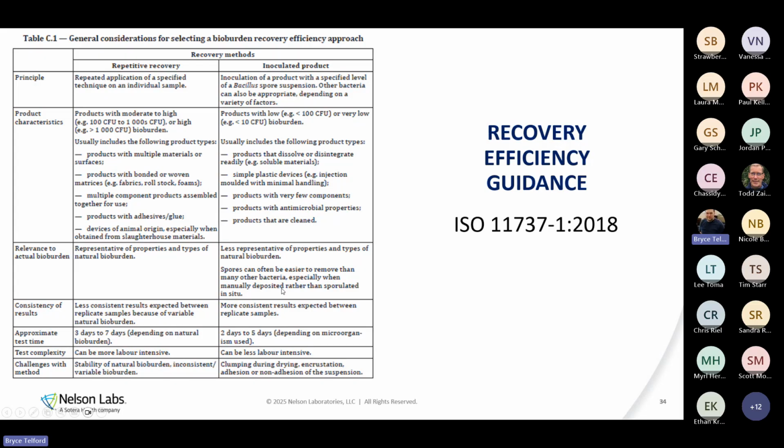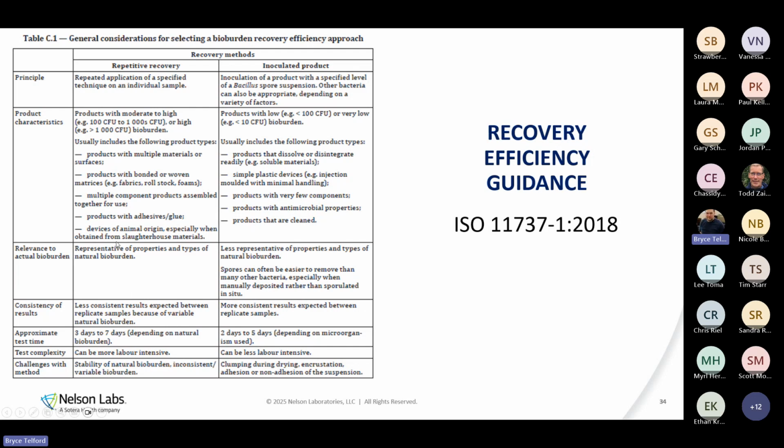Also, it can vary depending on the product itself. If I have a product that is falling apart, such as a paper backer card that I need to test and I need to know the recovery efficiency, well, that's going to dissolve over time. If I do an inoculated recovery efficiency, I can see what that first extraction is and what percentage I'm getting off.